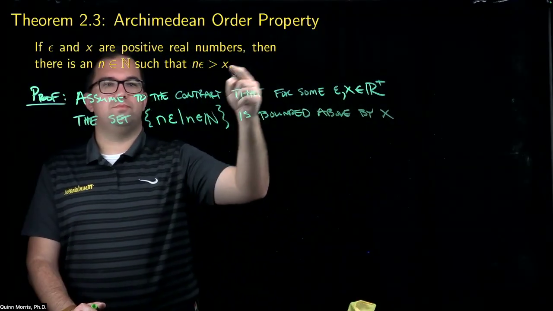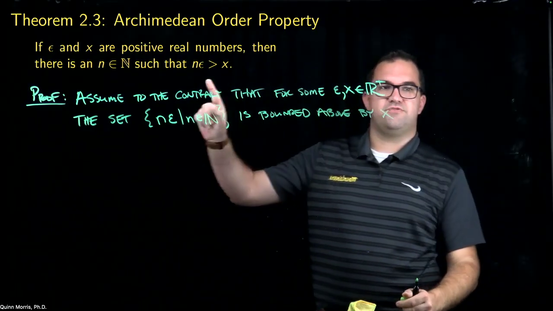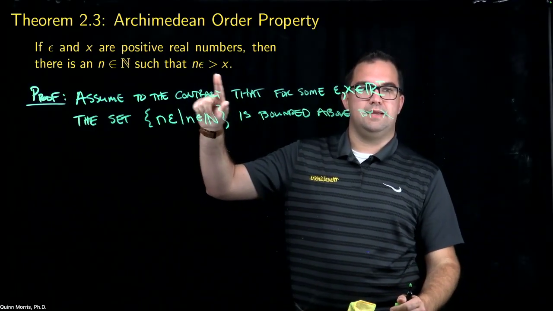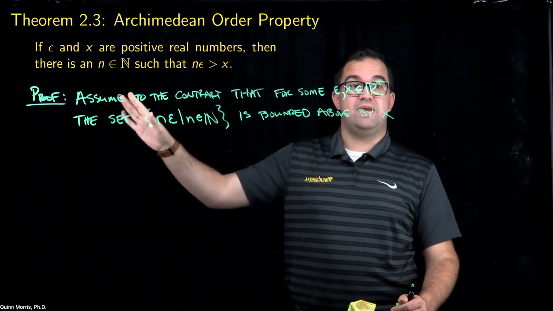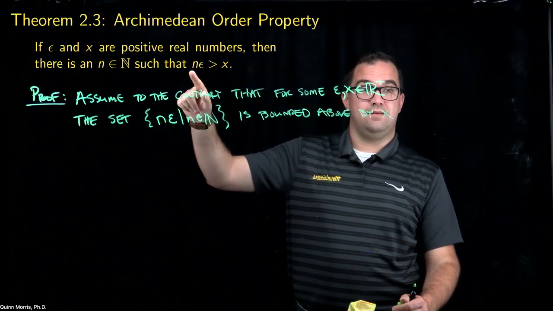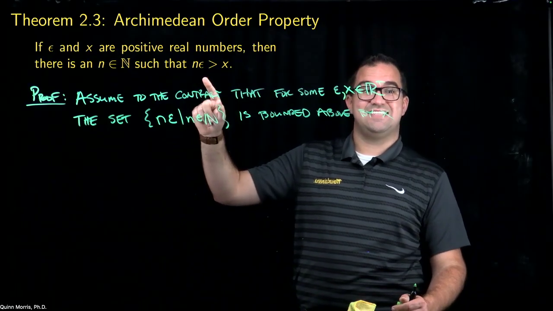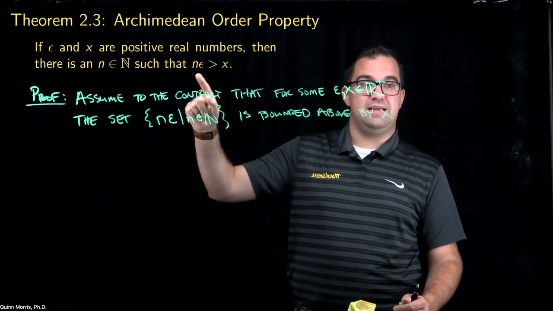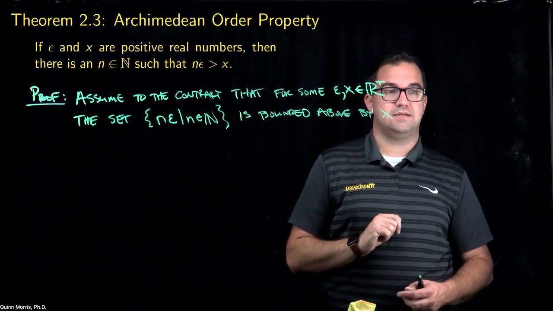So if we assume the property is false, which is what we're doing for a proof by contradiction, that means we're going to flip the inequality. If this is false, then there is no n so that n times epsilon is greater than x. So it must be the case that for every natural number n, n times epsilon is less than x. So this set is bounded above by x.